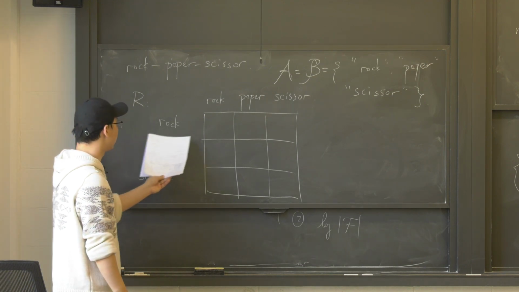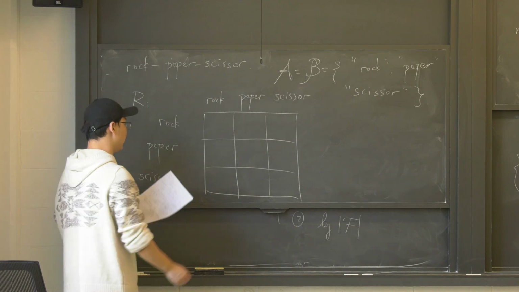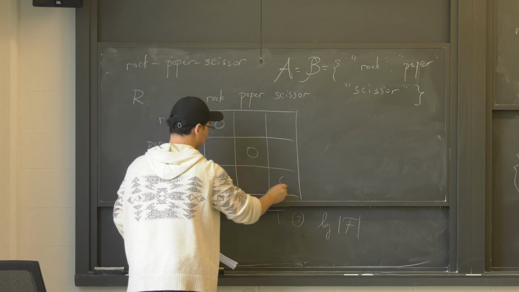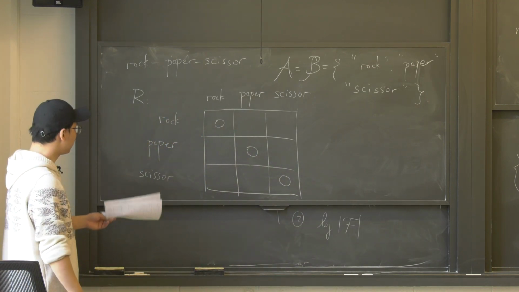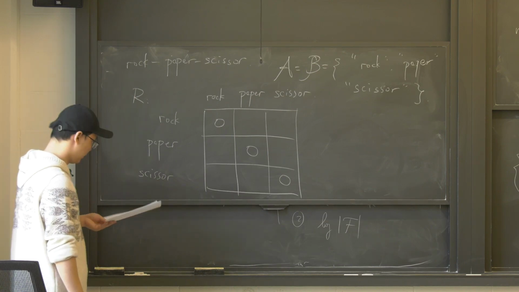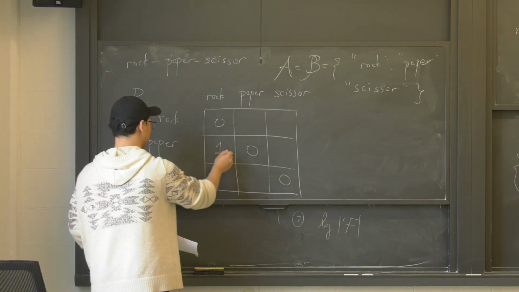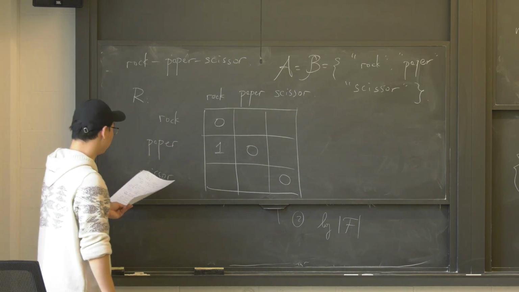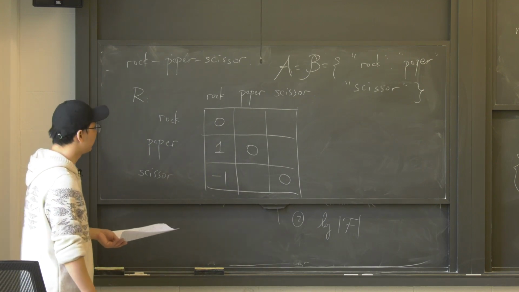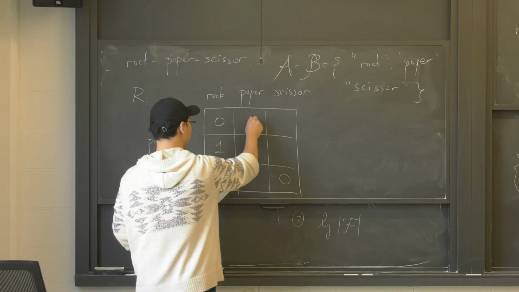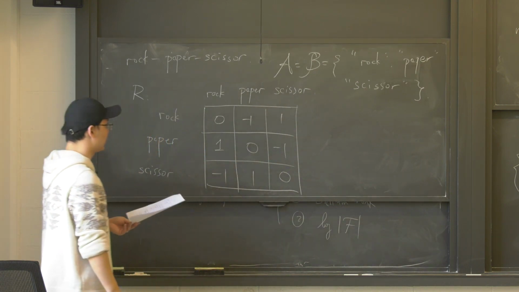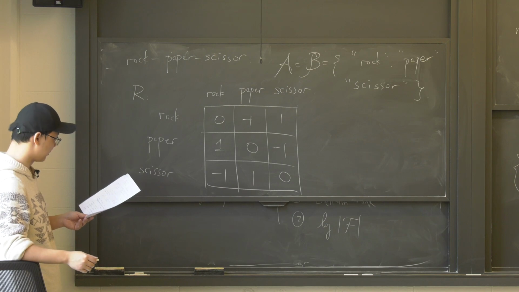When the row player plays rock and the column player plays rock, this gets 0 reward because it's a draw, and the same thing here. If the row player plays paper and the column player plays rock, the row player wins, so it gets 1 reward. Otherwise, in the case of scissors and rock, it loses, so you get -1. We can similarly fill out the entire matrix. This specifies the game of rock, paper, scissors.